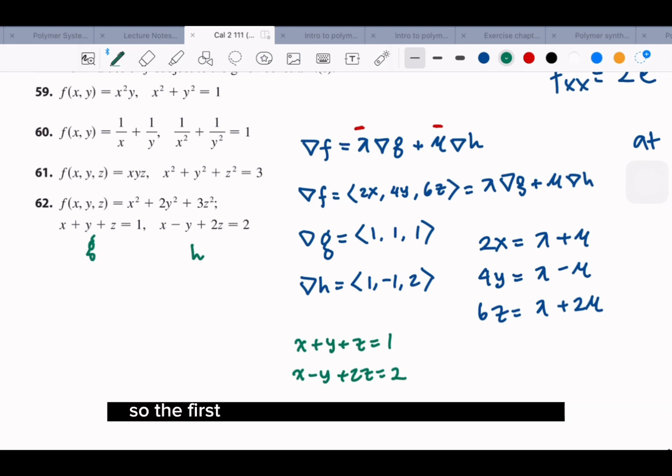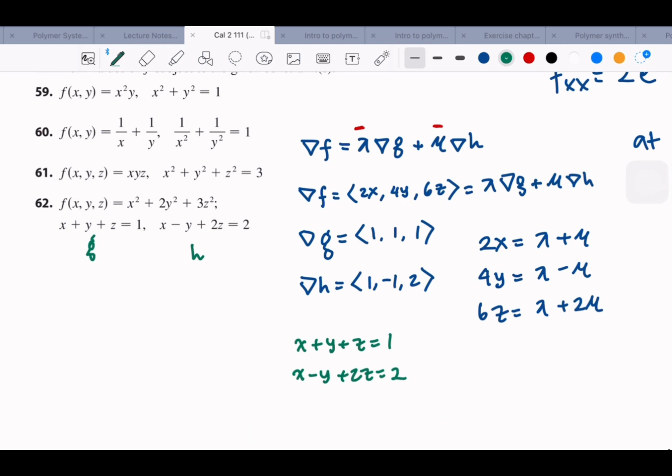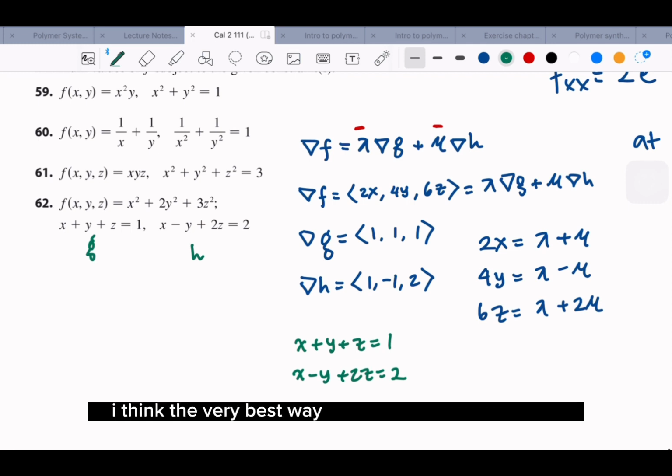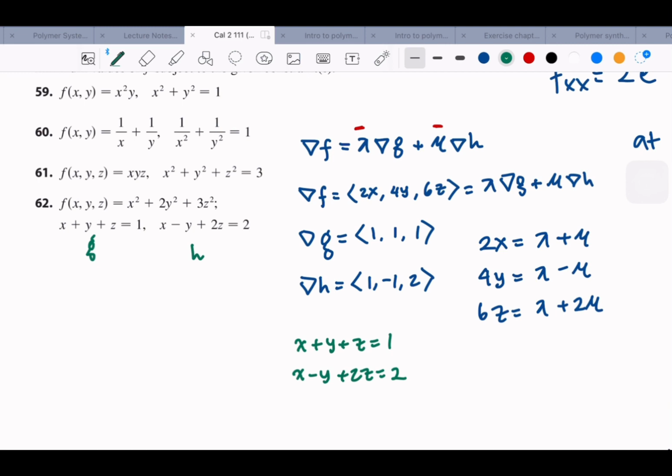The first one, I think, is easy to look at, it's 1, 1, 1 constant, right? But we have here 2, 4, 6. So let's make them the same constant. I think the very best way is making them 12, right? The common factor. So make it 6 times, 3 times, 2 times, 4, 6. So we can make it 12.